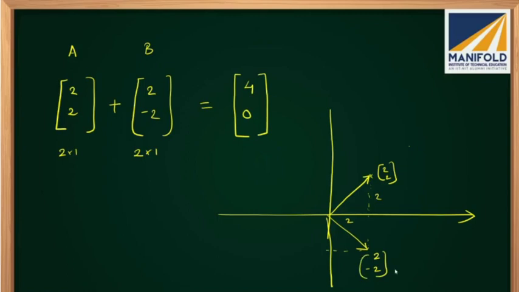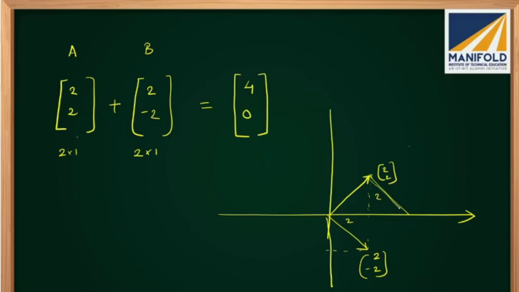If you have learned vector addition in plus 2 physics, you might remember the parallelogram law. We take the first vector; we have started from 0 and reached the first vector point. Then we start the second vector from this particular point. I take the second vector, 2, minus 2, which started from the origin, and shift its origin to this particular point.